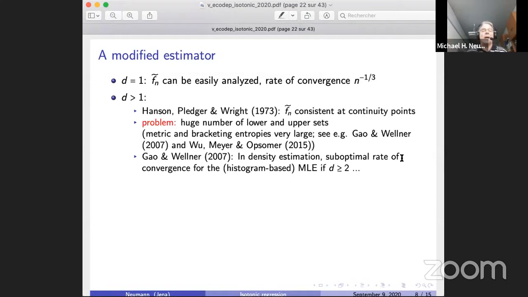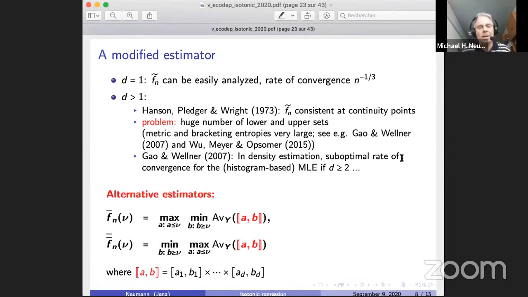Okay, for example, this is one reference where this problem also appears in density estimation. Gauer and Wellner also obtained only a suboptimal rate in dimension greater than or equal to 2. And again, the reason for this is just the huge number of possible candidate lower and upper sets.